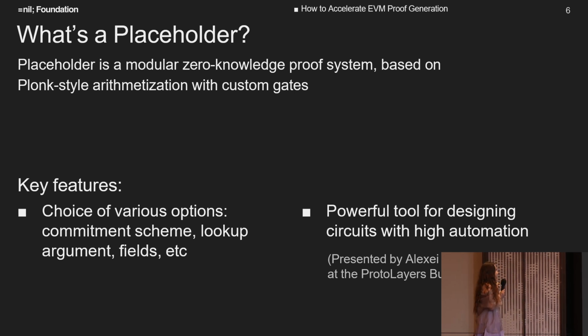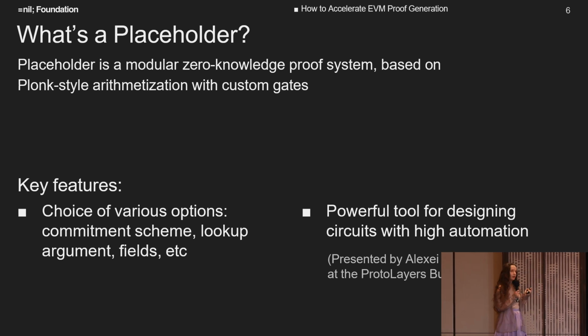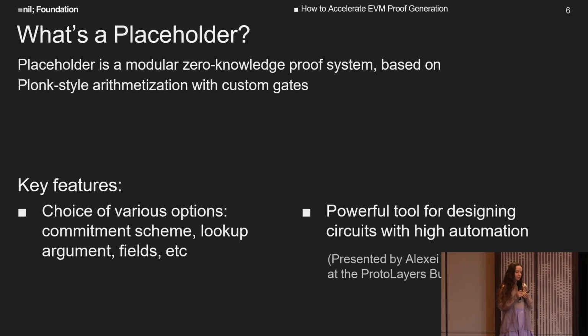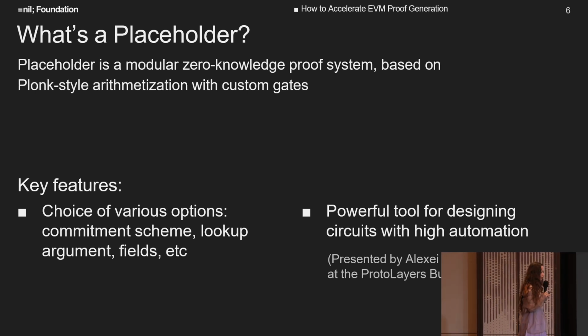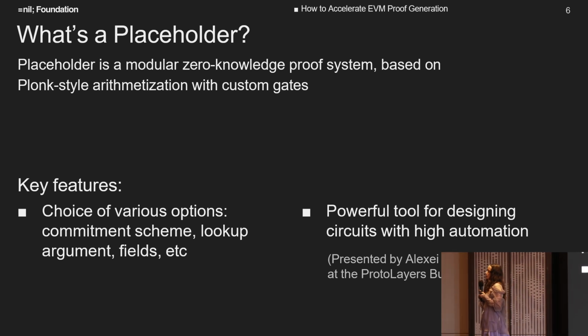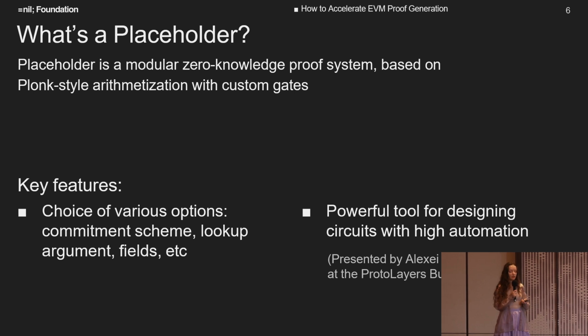But the main part, and I think it's quite important, is that when you try to update a circuit written by another designer, it's hard to understand what he tried to do.